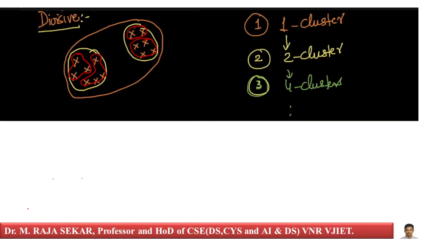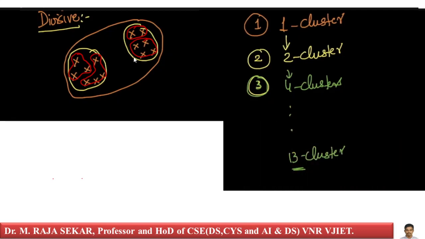It will keep breaking up, and it will keep going on till we have 13 clusters. If you consider how many points we have here: 1, 2, 3, 4, 5, 6, 7, 8, 9, 10, 11, 12, 13.